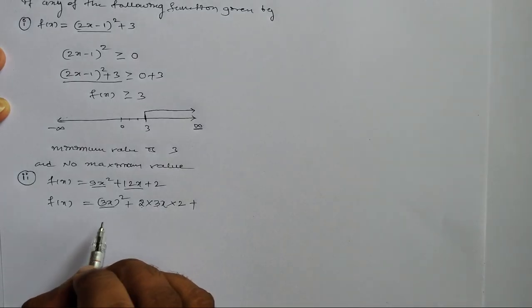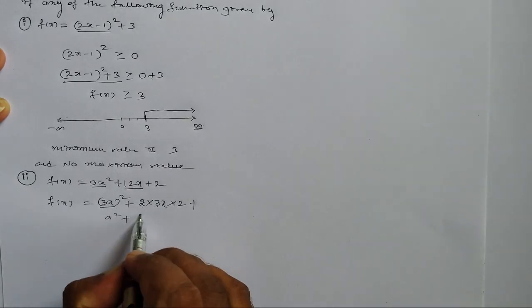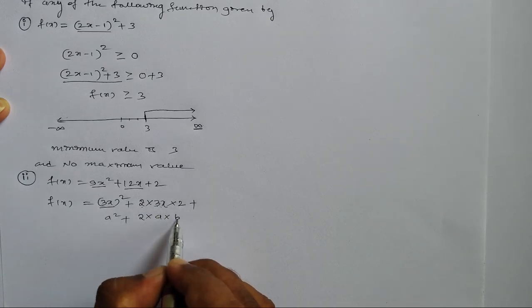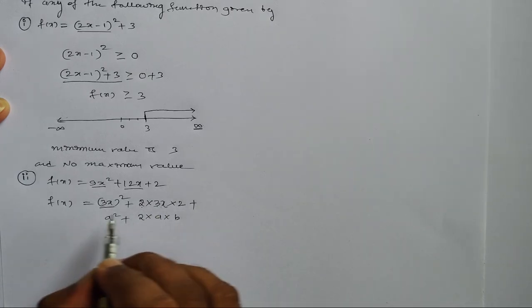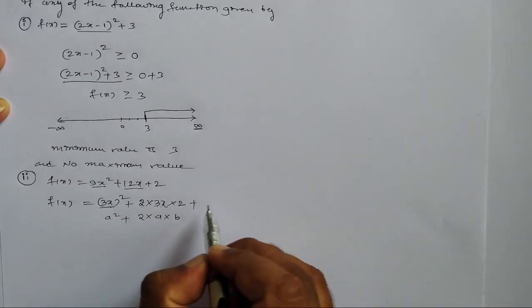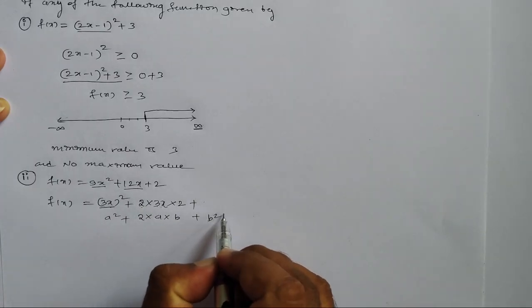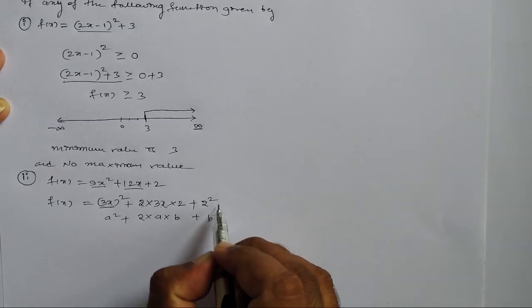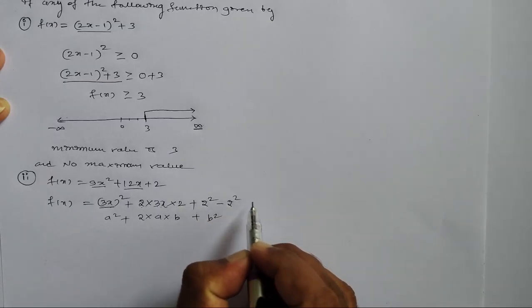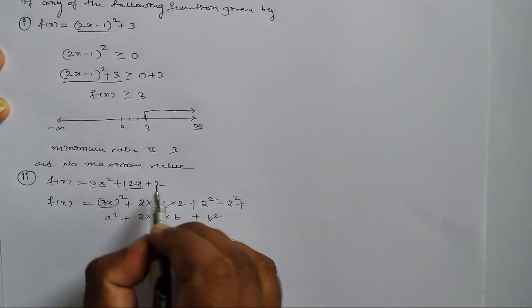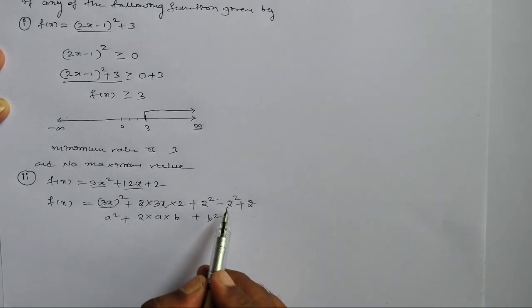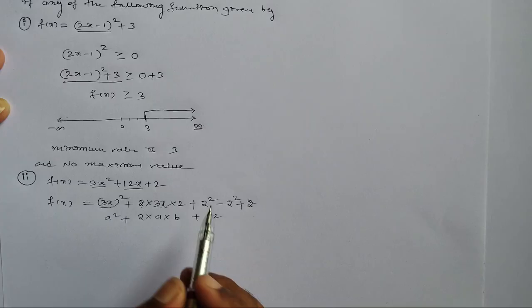Okay, right? So a square plus 2ab. The a value becomes 3x and the b value becomes 2. That means a square plus 2ab plus b square. Plus b square becomes plus 2 square. So I will add 2 square and subtract 2 square; plus 2 square minus 2 square cancel, so the remaining equation must be the same.